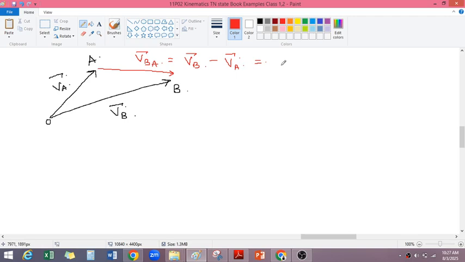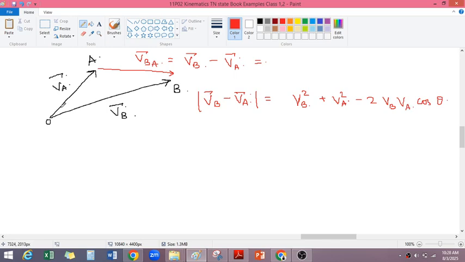Vector subtraction is slightly different from the vector addition formula. So the magnitude of VB minus VA is equal to the square root of VB square plus VA square, but instead of plus, it will be minus 2 times VB into VA cos theta.